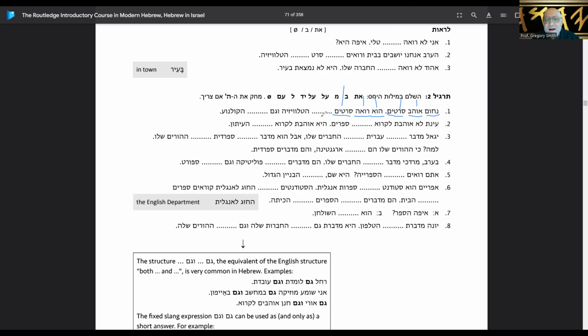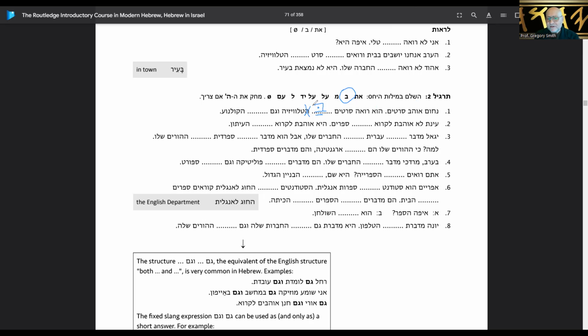Now, right now, this says blank ha televizia. What we want it to say is on the television, so we're going to use this one here, bet. But we're going to take that hey out of there, because when you add the preposition, we put a patach under there. You won't see that in modern Hebrew.